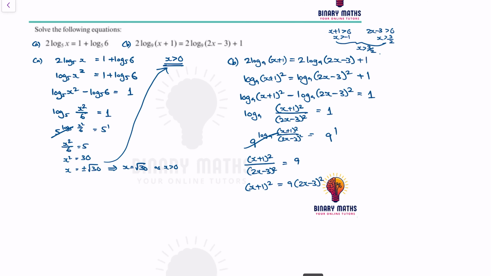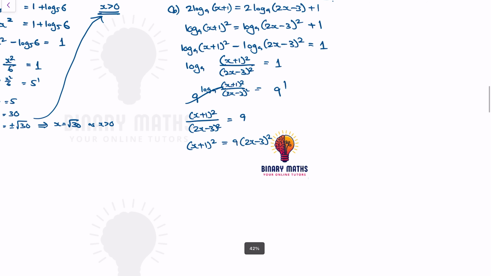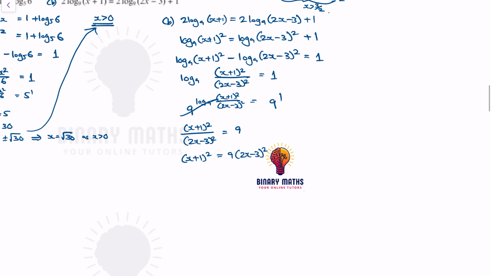Okay, if I expand out the left-hand side, I get x squared plus 2x plus 1. If I expand 2x minus 3 squared, I get 4x squared minus 12x plus 9.